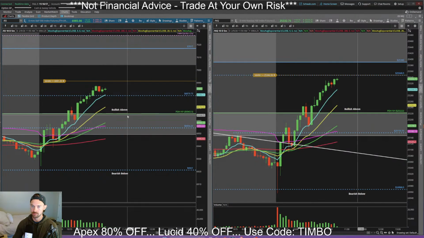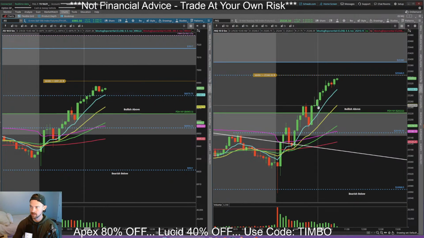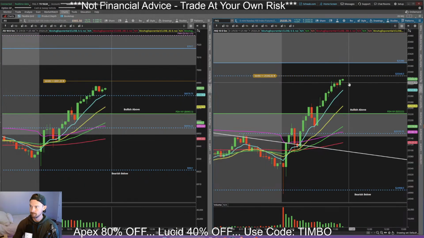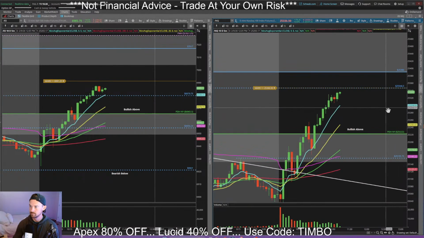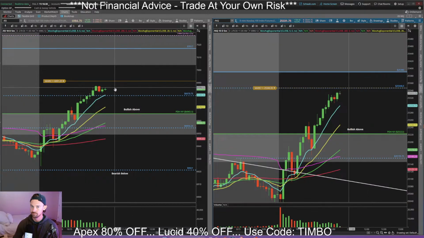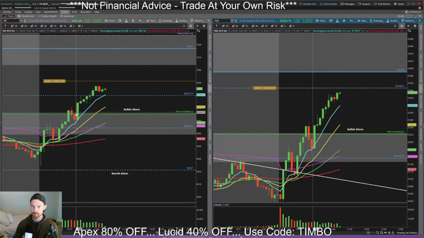But overall, I'm still bullish as long as we hold above these previous day highs. So we'll see if we can get a little deeper pullback here maybe. But NQ is kind of just holding up. Looks like it might want to go run this overnight high level here.